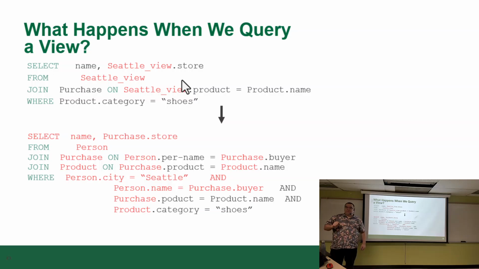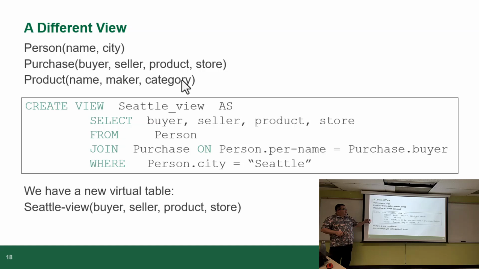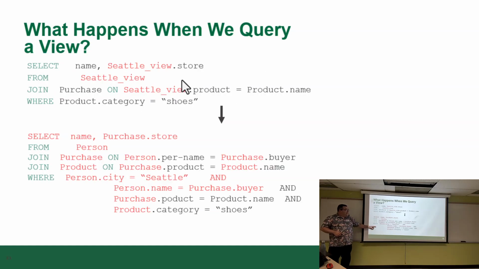So when we query a view, a little bit more. We have a view called Seattle_view. So we want to select name, Seattle_view store from the view, joining another one. What's really cool is it'll take this, somehow extract it and actually rebuild the query so that what's inside the join, this part here, gets merged into this and it builds a query, and that's what it actually runs.